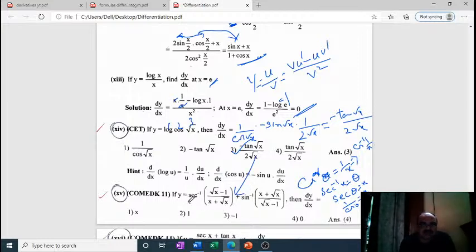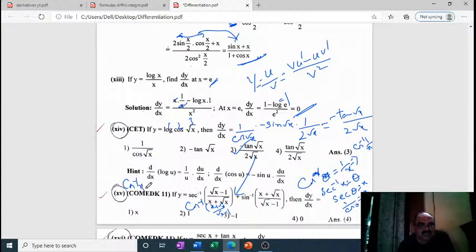Now if I have to convert this as cos inverse of x plus root x by root x minus 1, this is cos and this is sine. So as I said earlier, what is that formula we know?